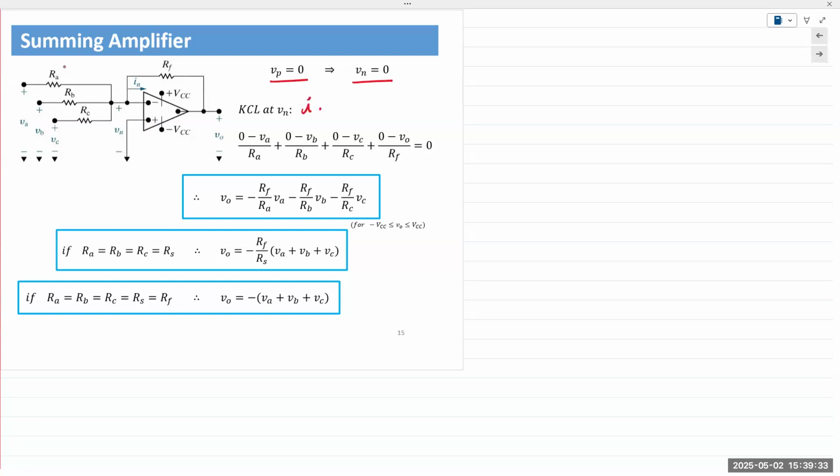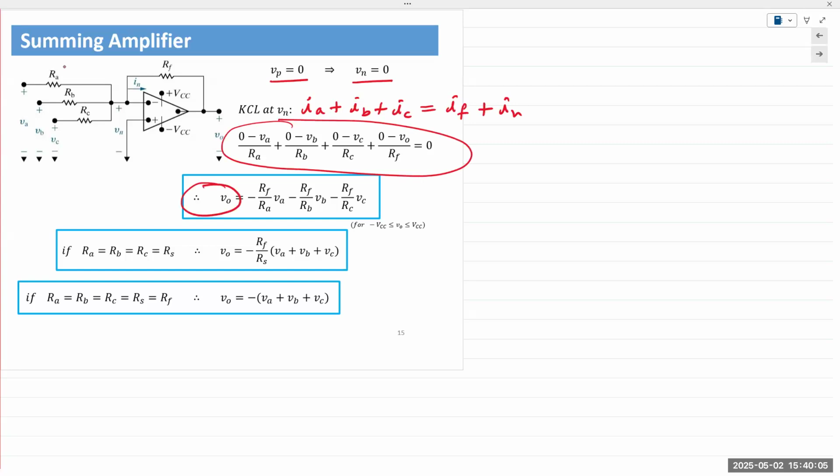We have IA plus IB plus IC is equal to IF. IN is equal to 0, and IF is VO minus 0 over RF.